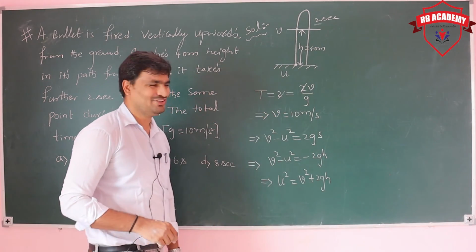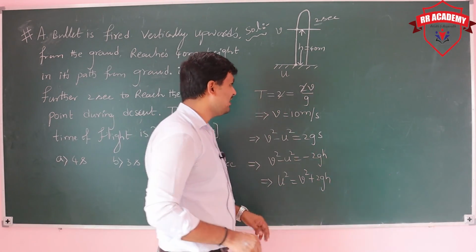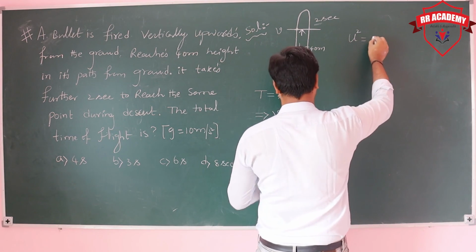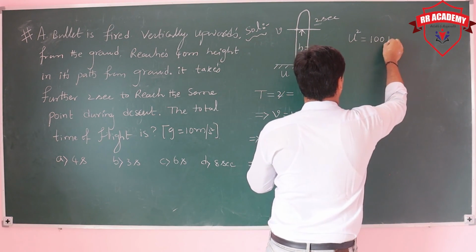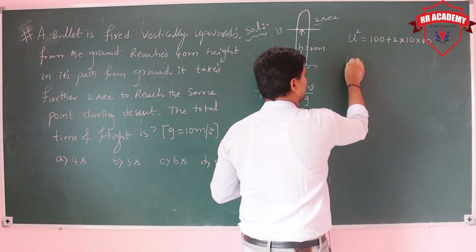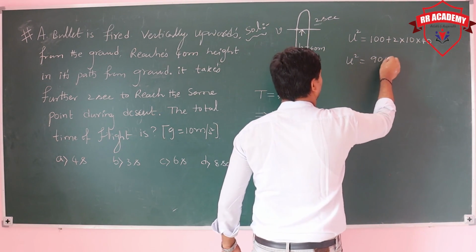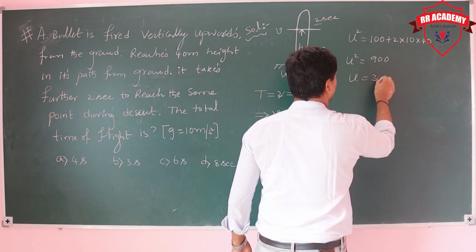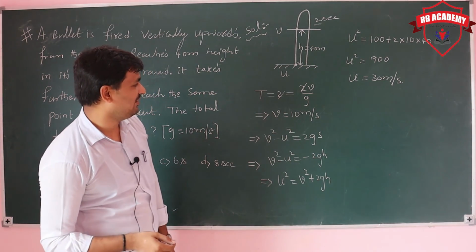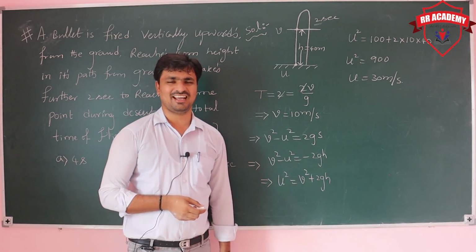Put the values: u square equals 10 square, 100, plus 2 into g value 10 into h value 40. Then u square equals 900, so u is equal to 30 meter per second.